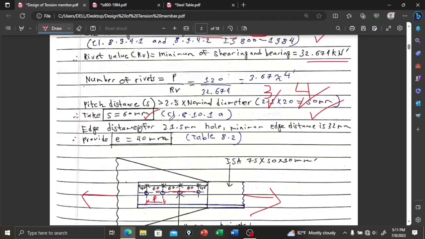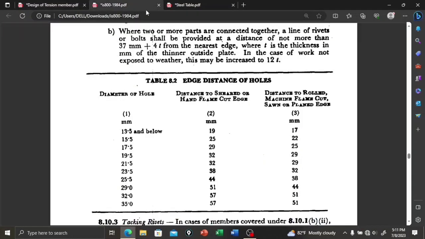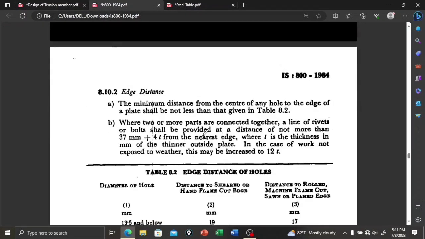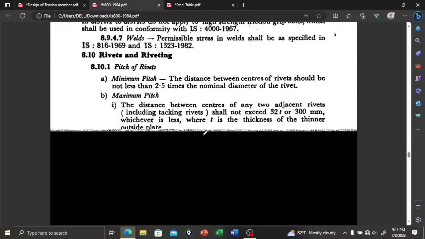millimeter, and S distance is given in 8.10.1. The distance between centers of rivets should not be less than, that is, should be greater than 2.5 times the nominal diameter. In this case, nominal diameter is 20.